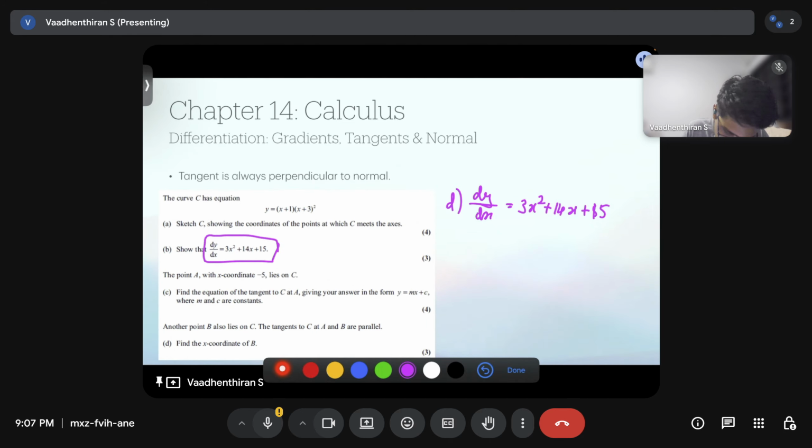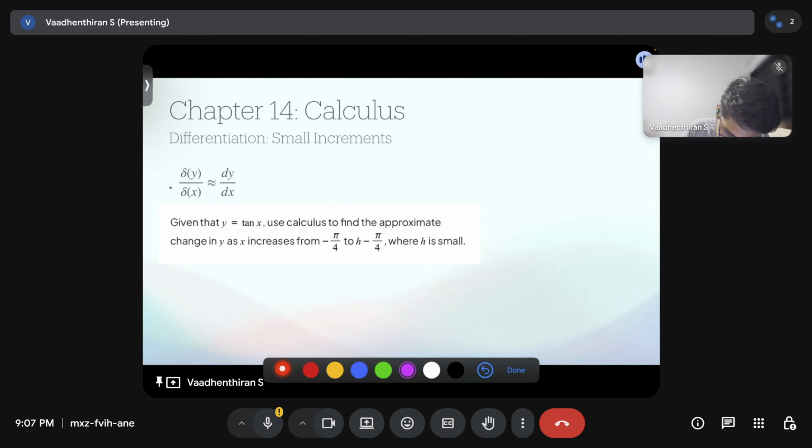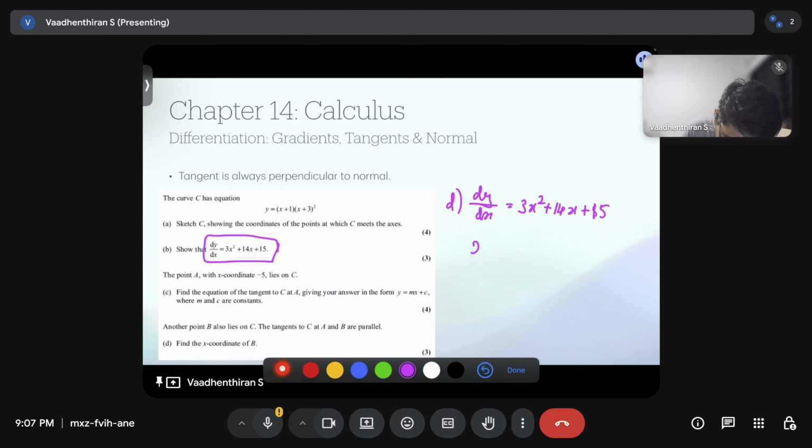So you substitute dy over dx to be 20: 3x squared plus 14x plus 15 equals 20, giving 3x squared plus 14x minus 5 equals 0.